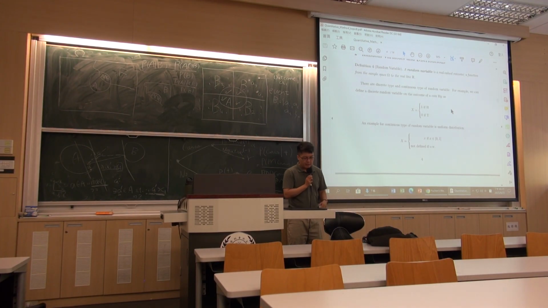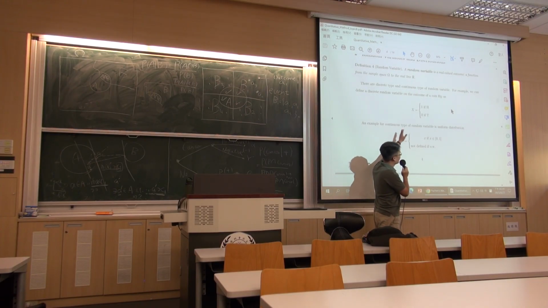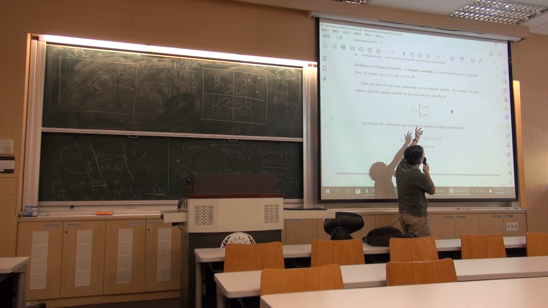But if you put it that way, then X is not a random variable. You have to transform it into a real number. Put it this way, and X becomes a random variable.